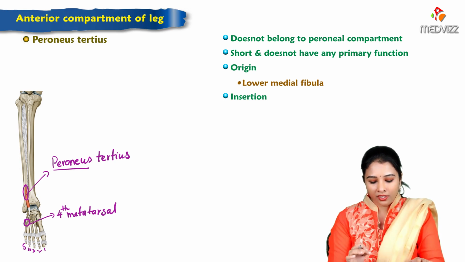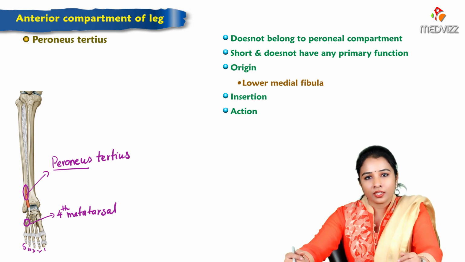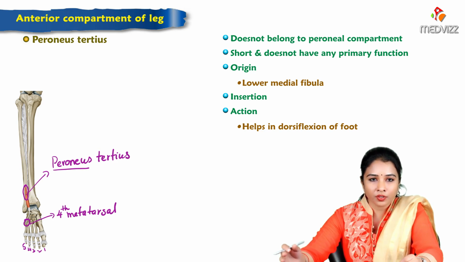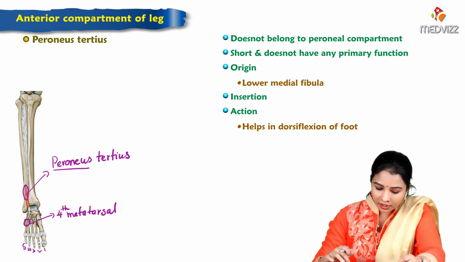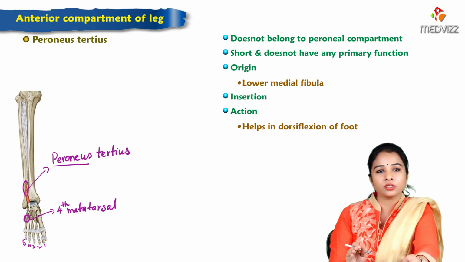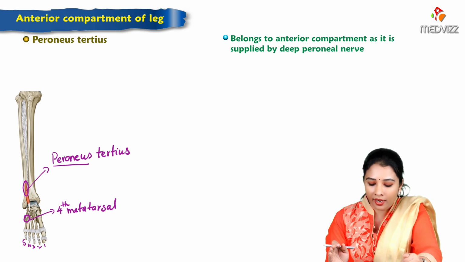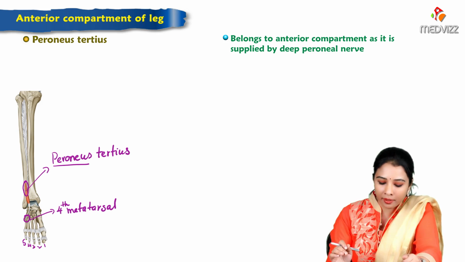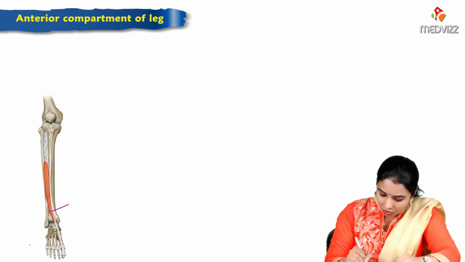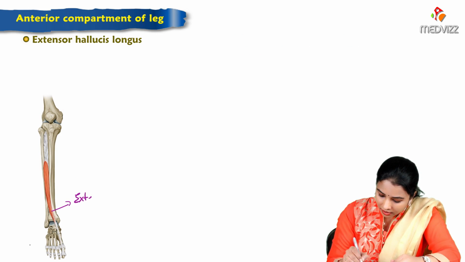Along with the extensor digitorum, it too helps in dorsiflexion of the foot at the ankle joint. Though we say Peroneus Tertius, it belongs to the anterior compartment because it is supplied by the deep peroneal nerve. Here is the next muscle which is called extensor hallucis longus.